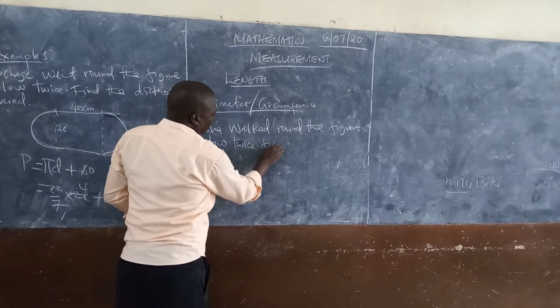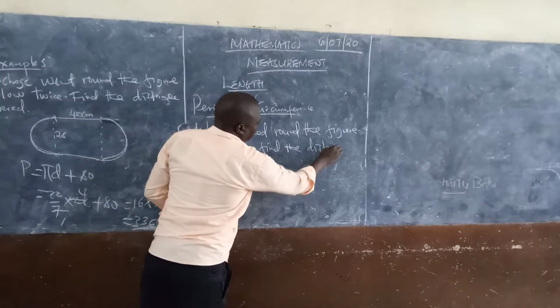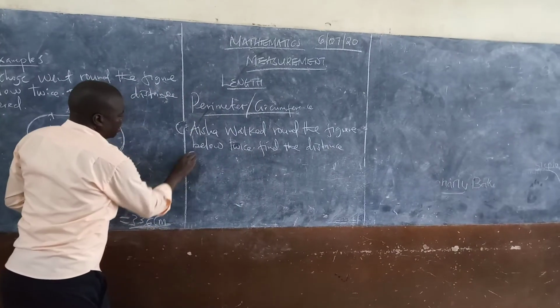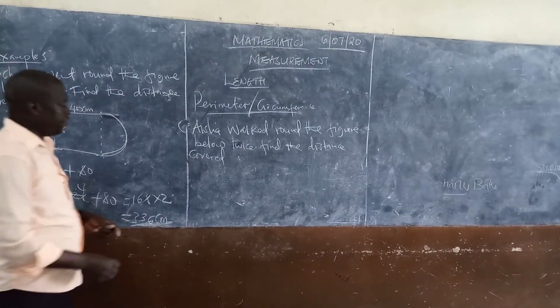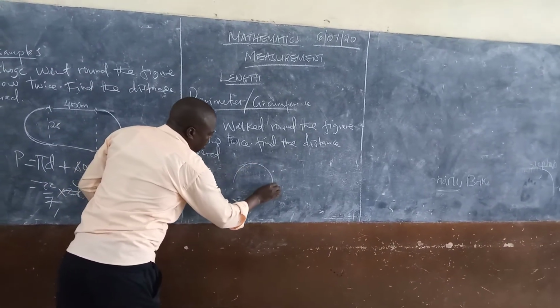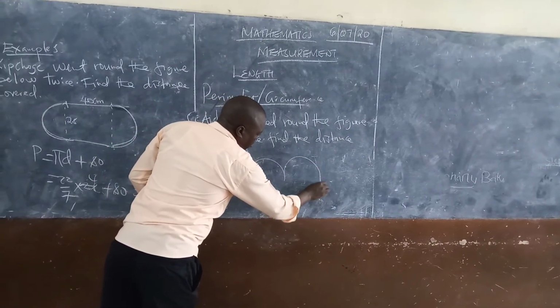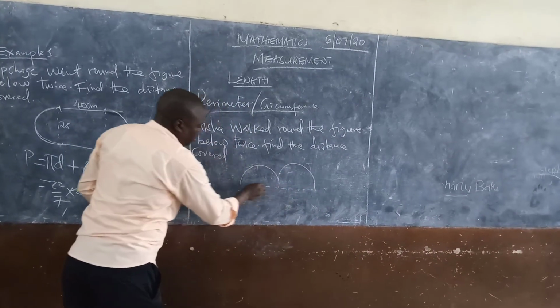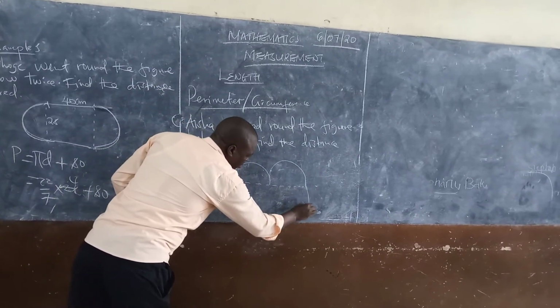Find the distance covered. And this is a figure. The diagram looks like this. Then we have a bigger semicircle.